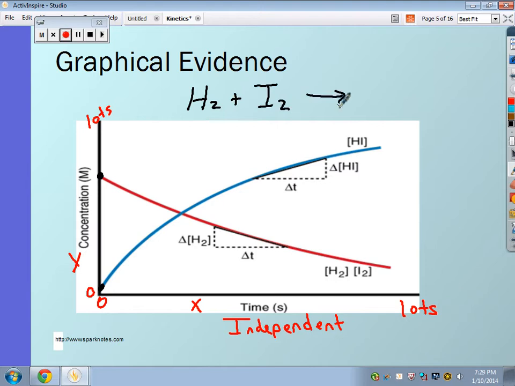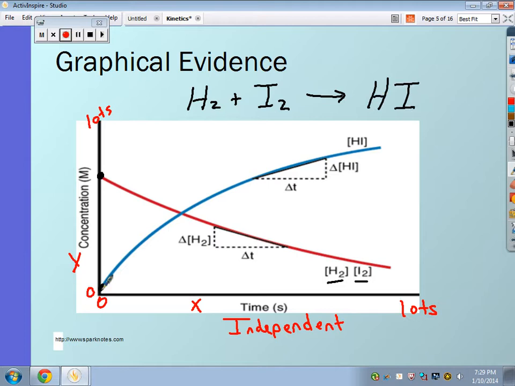Chances are these are gases. In this case, hydrogen and iodine are the same amount, and they're also disappearing at the same amount based on this red line. How do you know that HI is produced, hydrogen iodide?